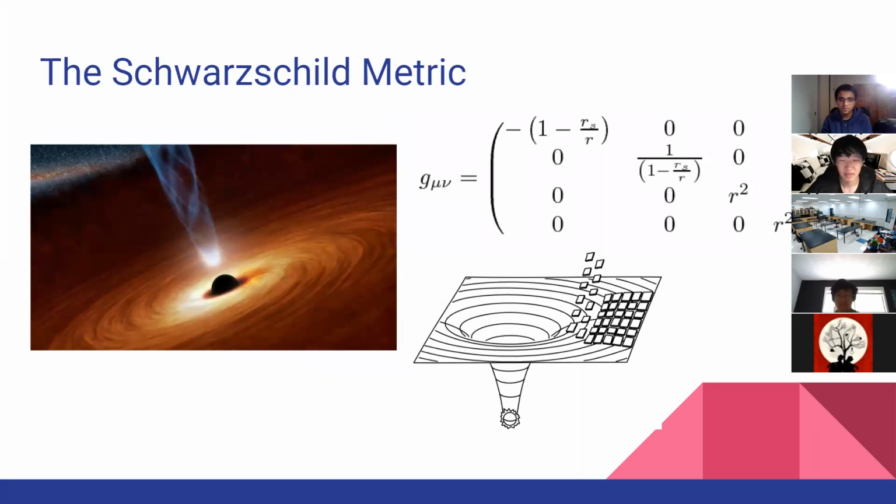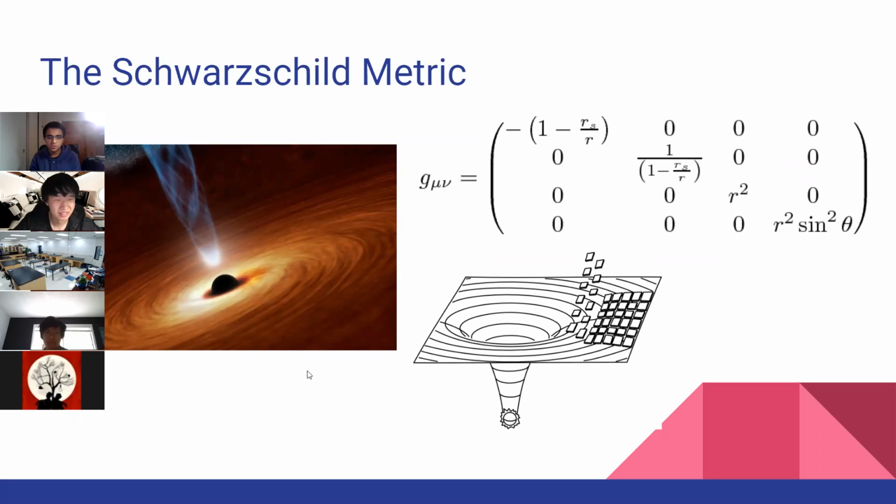I'm not sure if I can pronounce this right. Schwarzschild. The Schwarzschild metric is one solution to the Einstein field equation we just talked about. Physicists have been studying the equation for many years, and by solving these complicated partial differential equations, they found one solution, which is shown here.